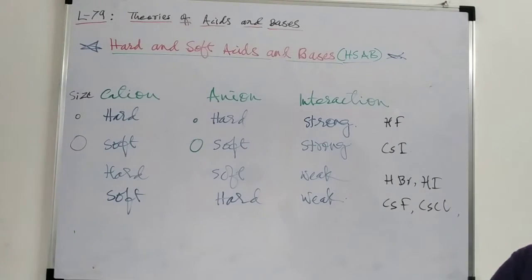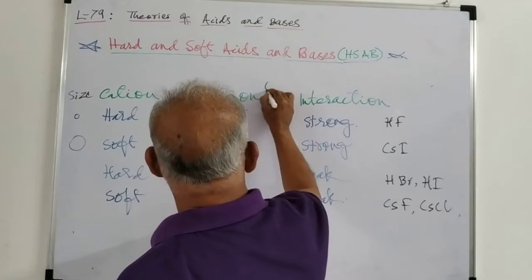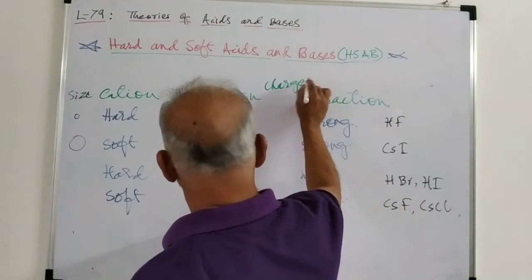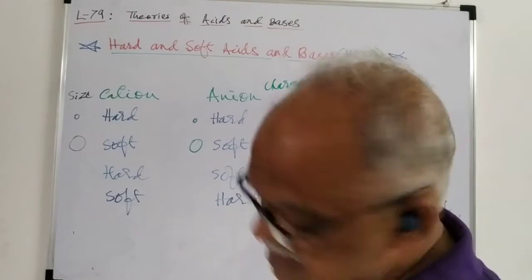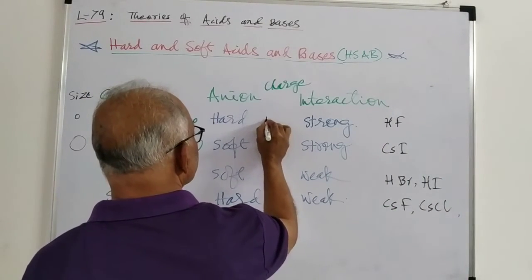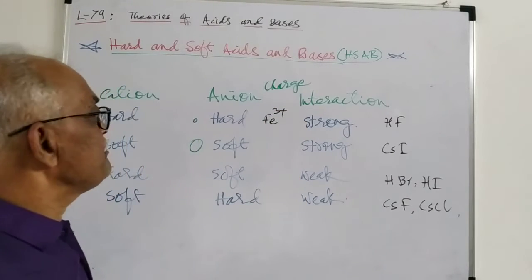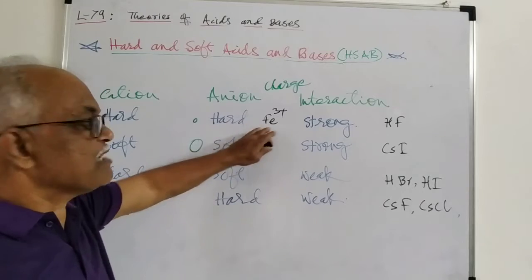Now if we consider the charge, how does it map? If we take Fe3 plus, it is hard.